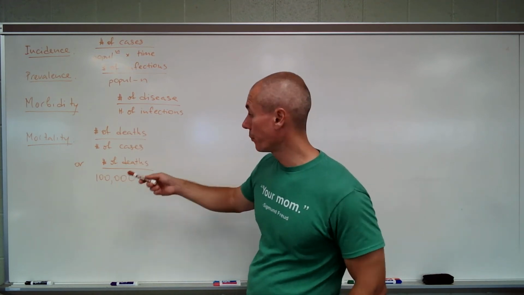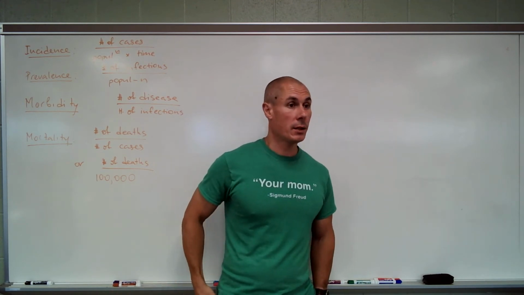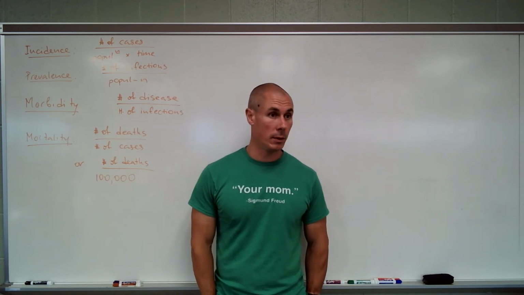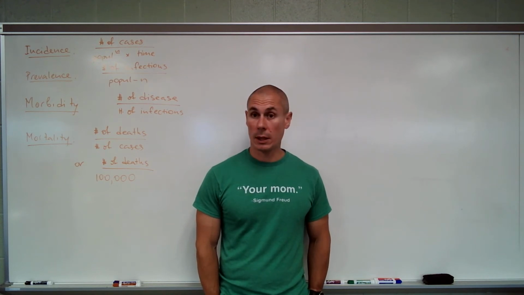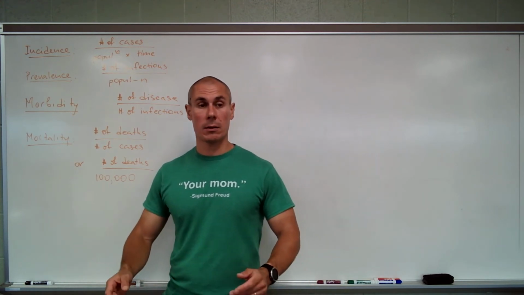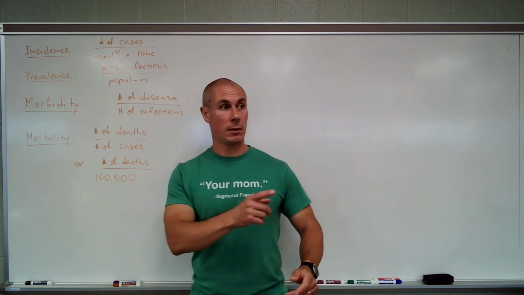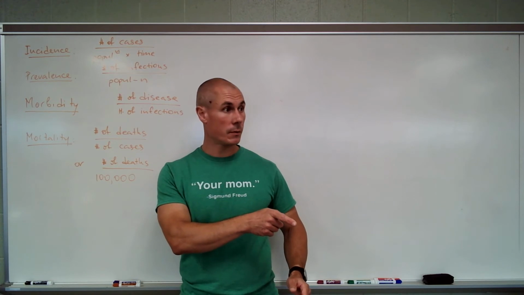Check this out. If I tell you that a particular disease kills 2 people per 100,000, and another disease kills 200 people out of each 100,000, you would say, oh, that other disease is much worse.